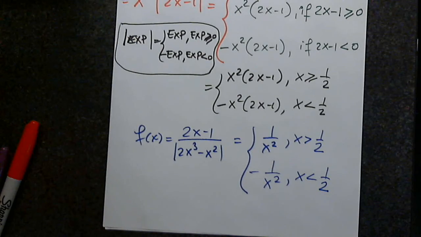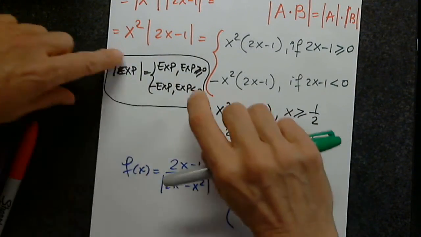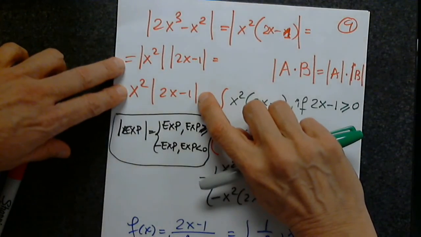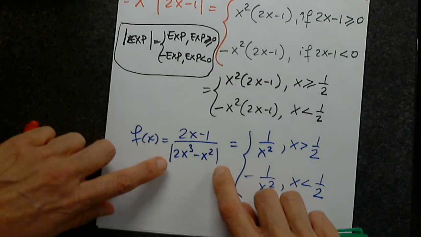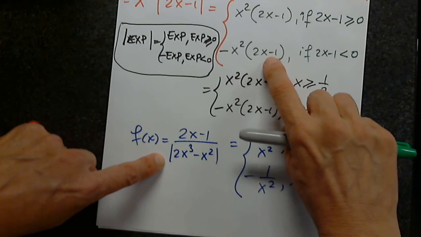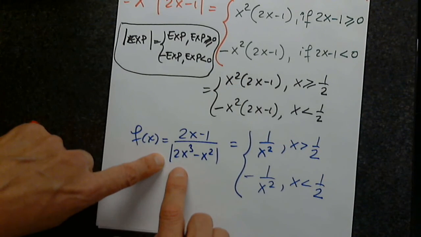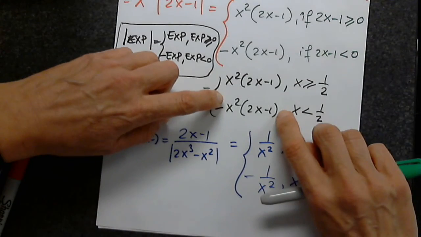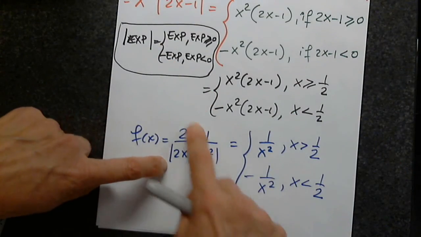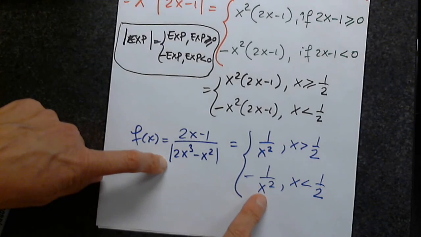When the denominator is this, I simplify the 2x minus 1 with the 2x minus 1 from the top, and I only have an x squared left in the denominator. And the other option is this: 2x minus 1 goes away, and now I have negative 1 over x squared.